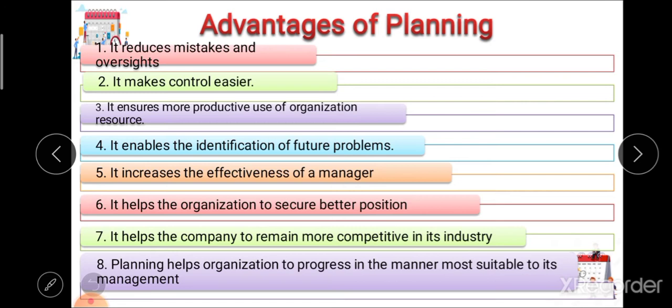Another advantage is that it ensures more productive use of organization resources. That means the available resources can be effectively used.